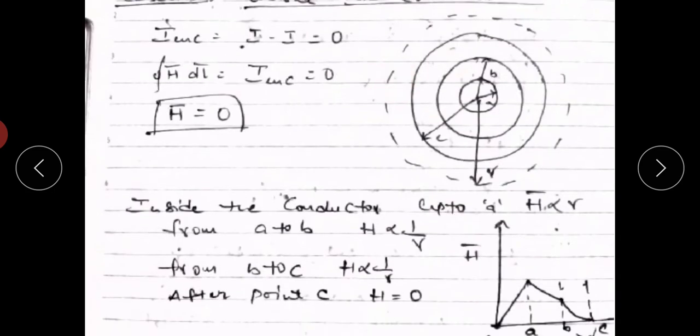So by finding the enclosed current value in different cases, we can determine the magnetic field intensity of a coaxial cable, which is also called a coaxial transmission line.